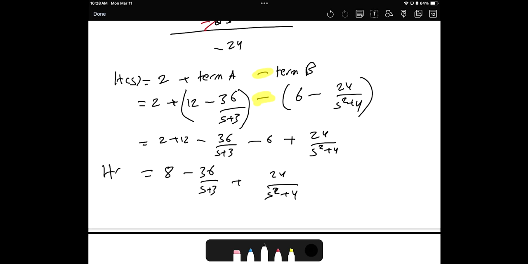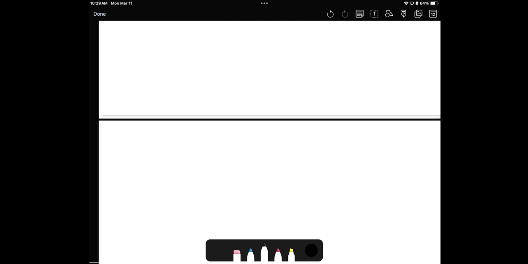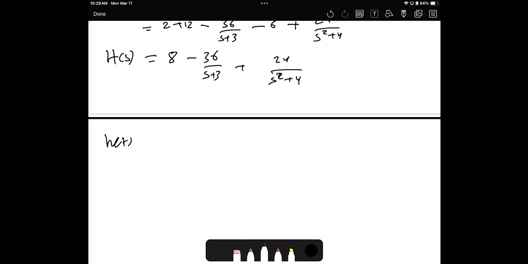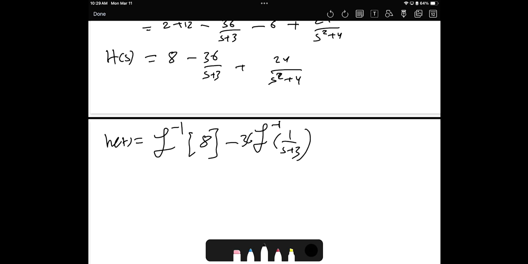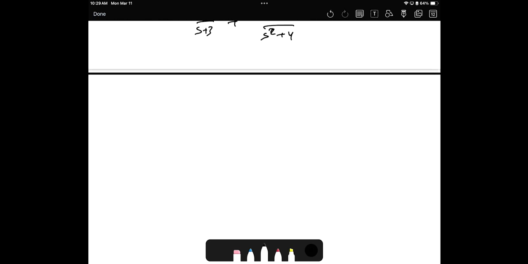So here is h of S. Now to find h of t, h of t will be Laplace inverse of, I'm going to make each term alone, 8, then minus 36 Laplace inverse of 1 over S plus 3, then plus 24 Laplace inverse of 1 over S squared plus 4. Okay? Now let's do Laplace inverse for every element.